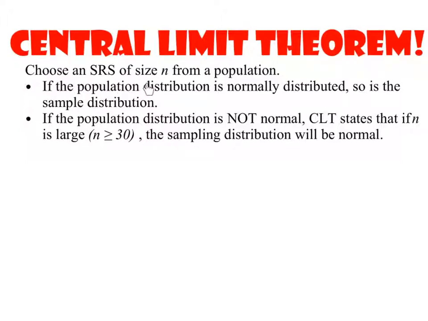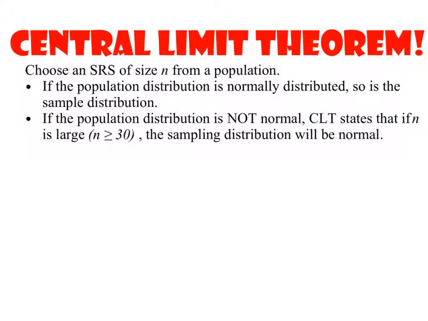If you have a simple random sample of size n, and the original population, which we sometimes call the parent population, was normally distributed, then so is the distribution of sample means. It's simple enough. If I tell you the original distribution of heights is normally distributed, then you can assume the sample means of heights are normal, regardless of sample size.